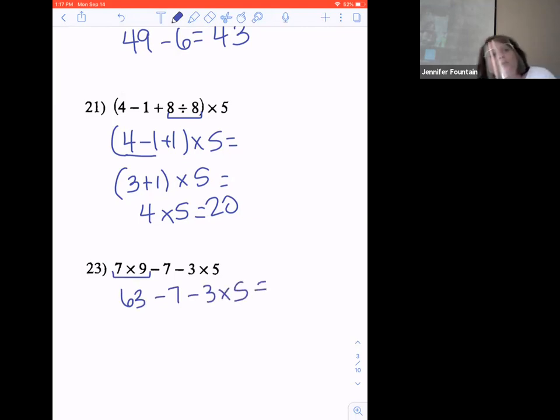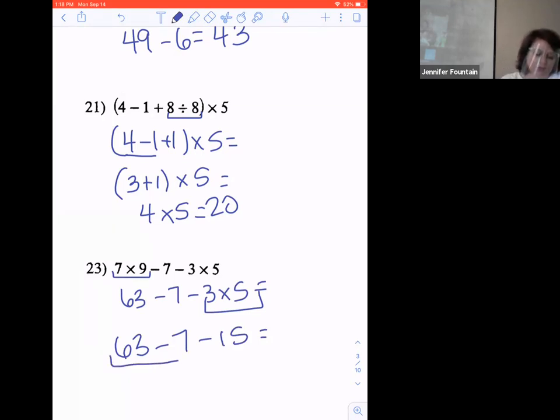Now what am I going to do? The multiplication. 3 times 5. So 63 minus 7 minus, what is 3 times 5? 15. Now I have subtraction, so what order am I going to use? Left to right. 63 minus 7 is going to be what?